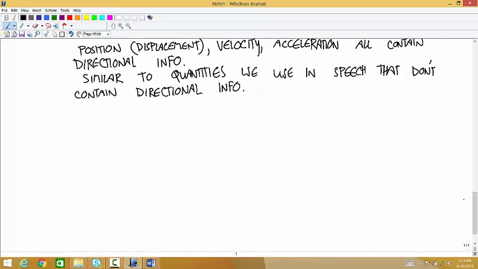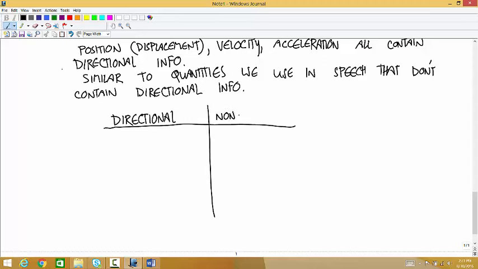Okay, so here's a little table comparing the directional quantities, which are the ones that are going to be important to us, and non-directional quantities that we're more used to.